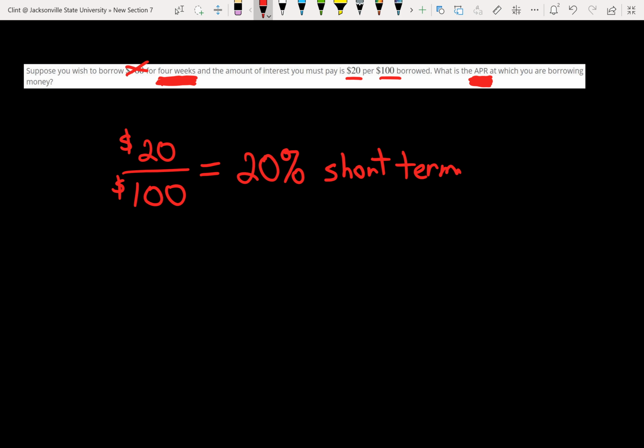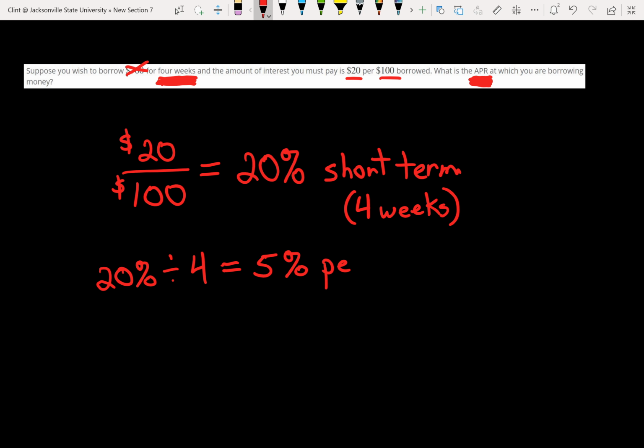So, 4 weeks. To me, the easiest thing to do is figure out the interest for 1 week and then multiply it by 52 because there are 52 weeks in a year. So what I'm going to do is 20% divided by 4 weeks, which gives me 5% per week.